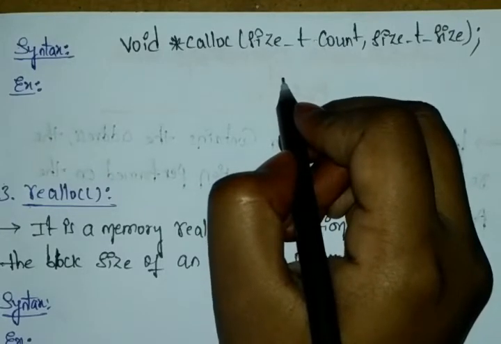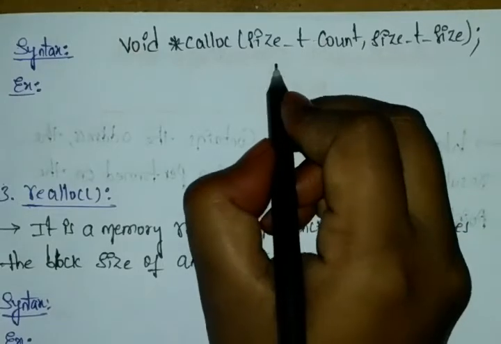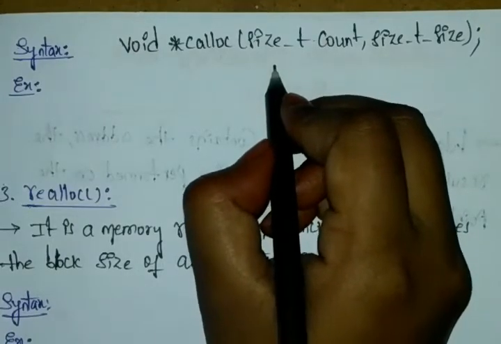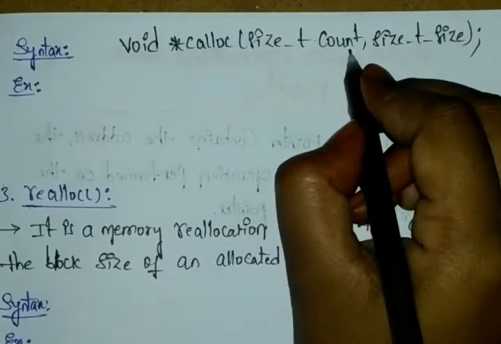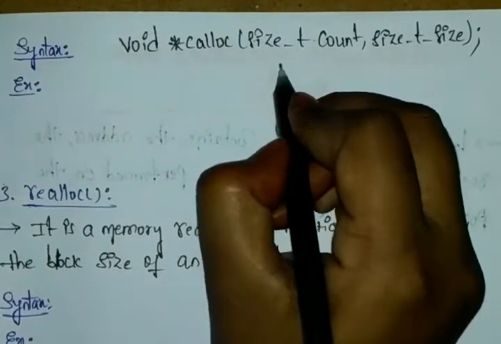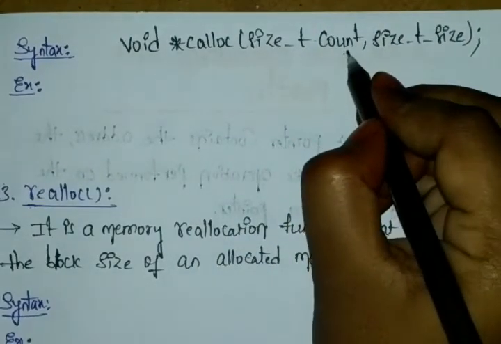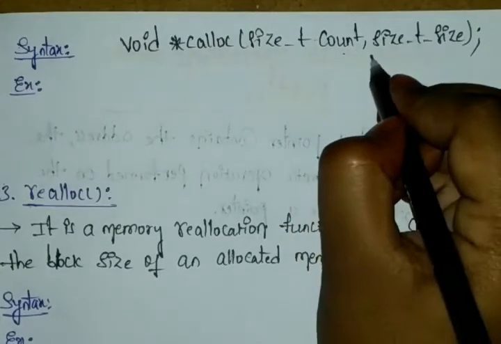And next, it specifies the size of each element stored in the allocated memory. And the count specifies the number of elements stored in the allocated memory. Whatever memory you allocated, how many elements are stored in it is identified by the count.